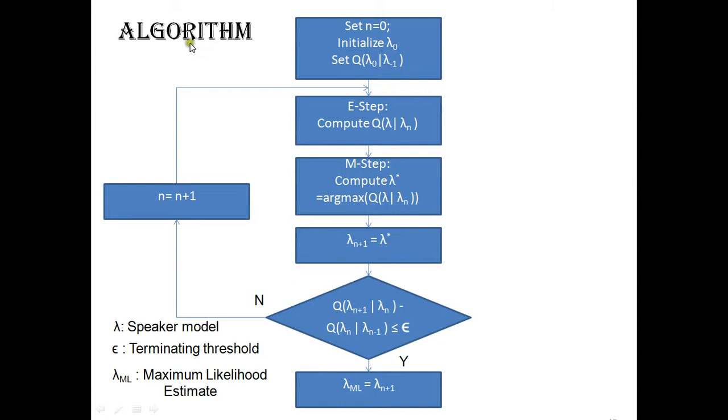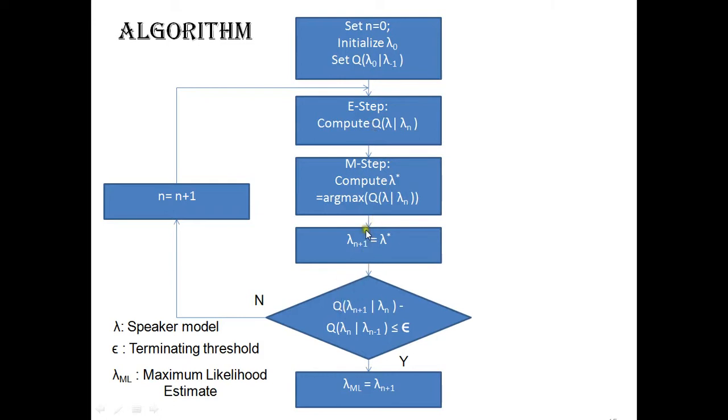This flowchart explains the expectation maximization algorithm. So we initially set our Q of lambda given lambda of -1, which is the lambda in the previous iteration. We go ahead to perform the expectation step followed by the maximization step, which essentially computes which lambda will provide a maximum value for the expectation computed before.